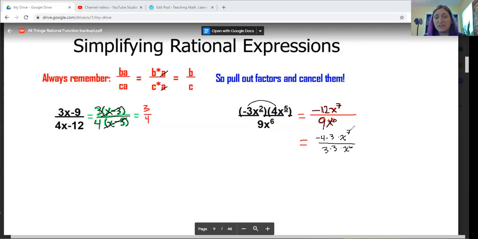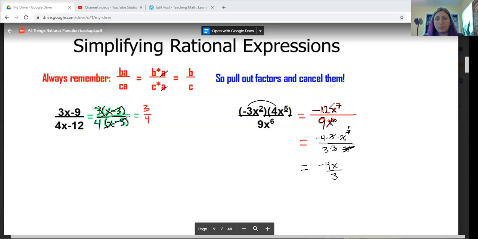So what that leaves us with when we cancel, okay, our 3's go away, right? On the bottom, we have 7 minus 6 is 1. This goes away completely because it canceled 6 of these. And this is going to cancel into just a 1, right? This is going to be x to the 1. So it leaves us with a -4 in our numerator and just an x, because it's x to the 1. And then in our denominator, we have only a 3.